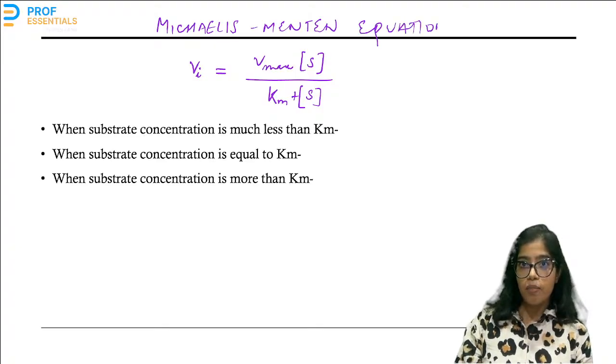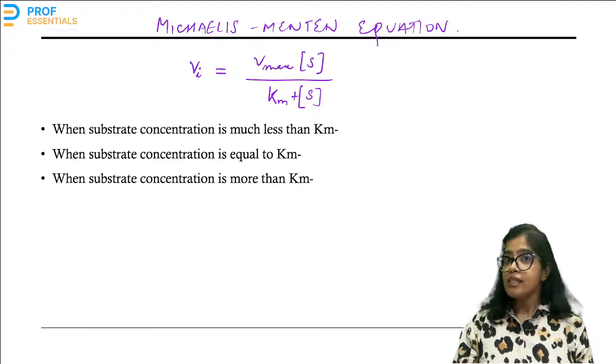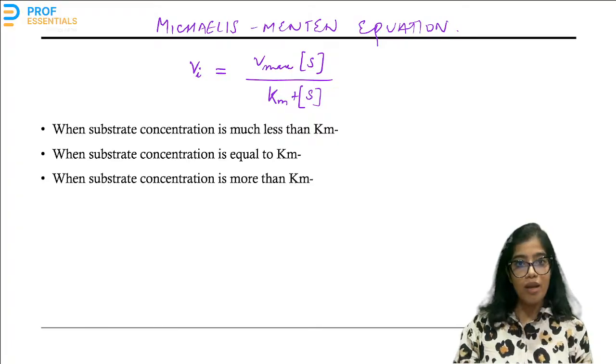It denotes the relationship between the velocity of a reaction and the substrate concentration in an enzyme catalyzed reaction. How do you mathematically represent it?